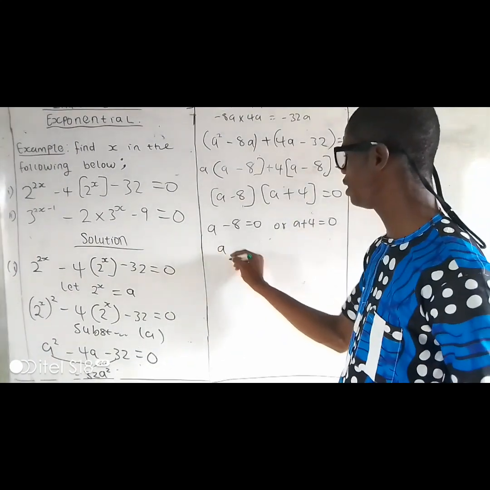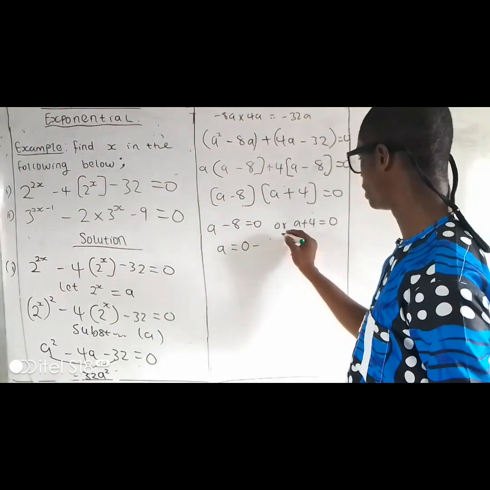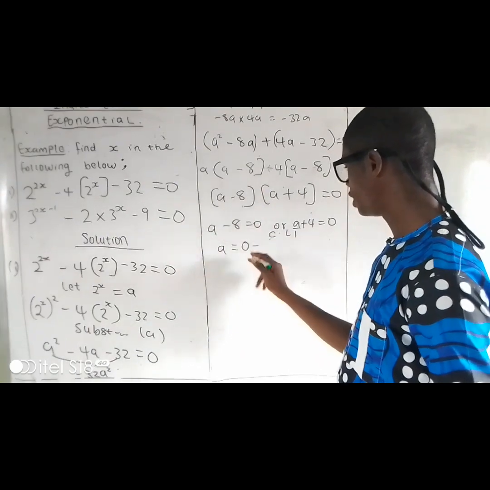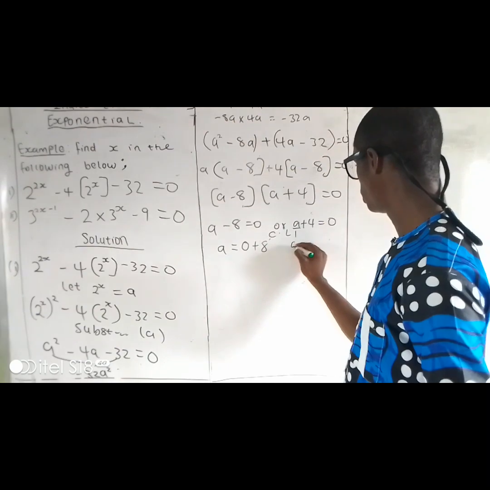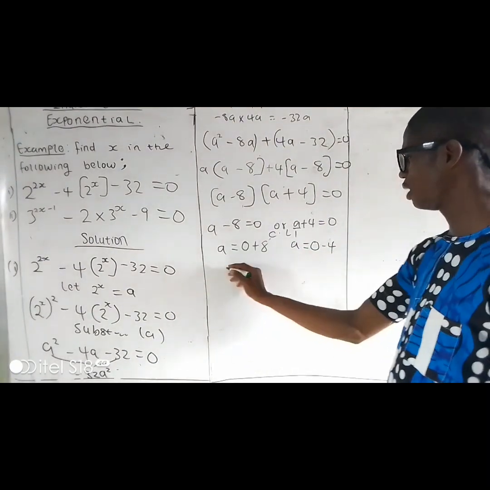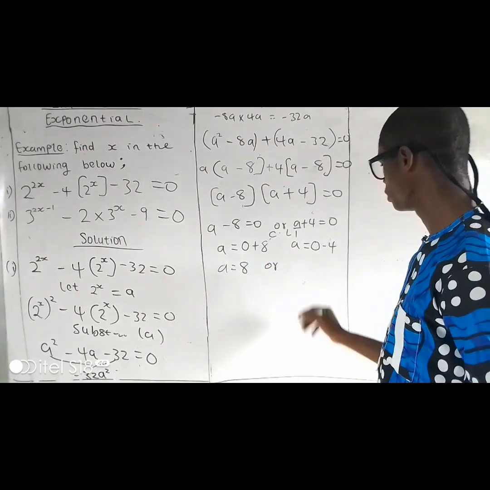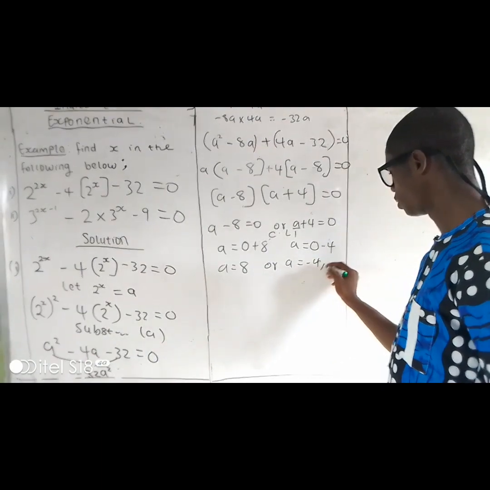So from here, we have that a is equal to 0 plus 8, because it's coming over here, or a is equal to 0 minus 4. So we have a is equal to 8, or a is equal to minus 4.